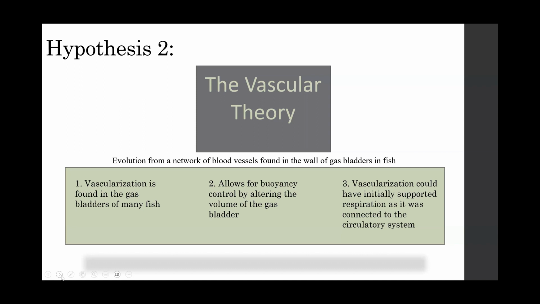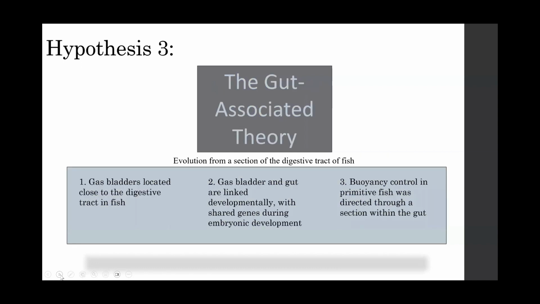As Lexi mentioned before, the change in density and pressure and volume of the gas bladder will allow for the fish to either increase or decrease in depth, which aids in their survival. So this is the second theory that we looked into, and then our third theory that we looked into is going to be the gut associated theory.